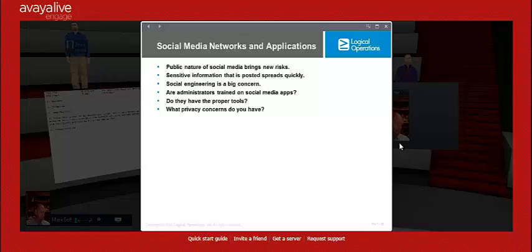So that fact alone is important from the perspective of sensitive information. Once some piece of sensitive information hits the social media world, it can become global in seconds. So again, the concerns are there about what you do with your data, or what you do with your business partner's data.